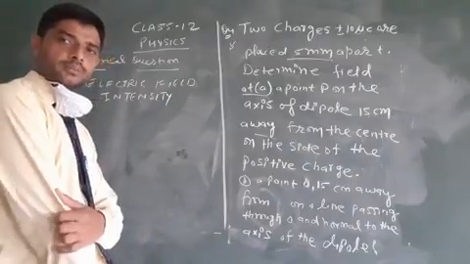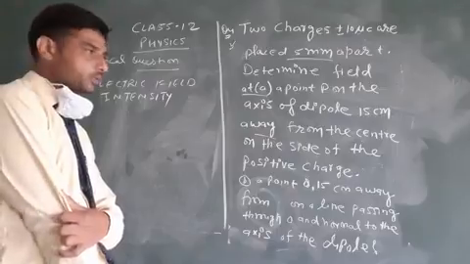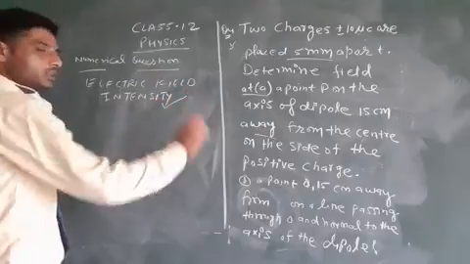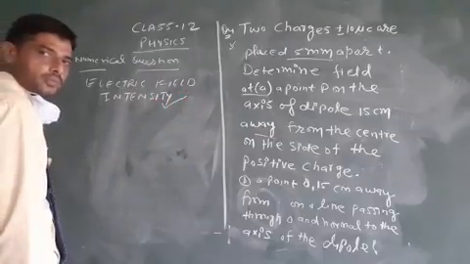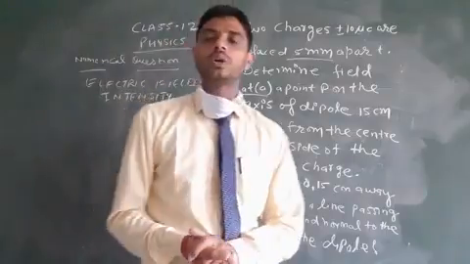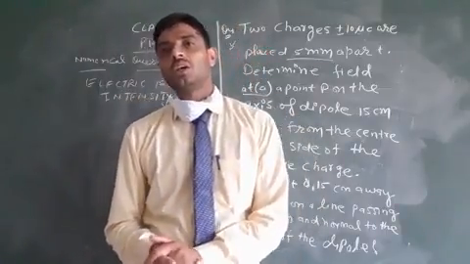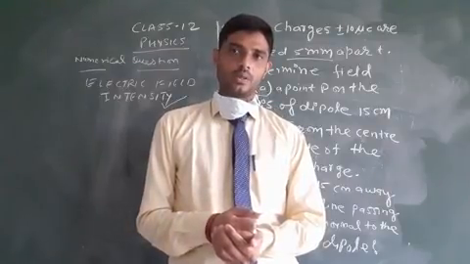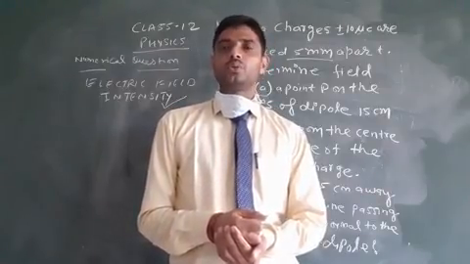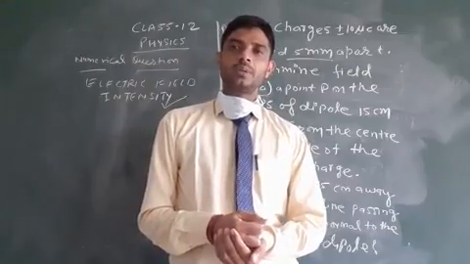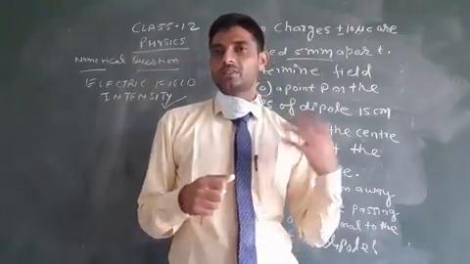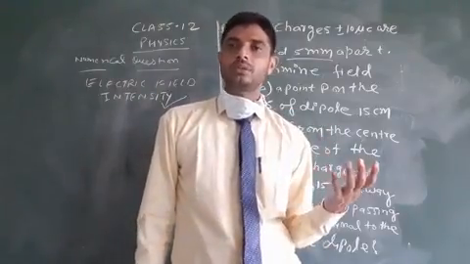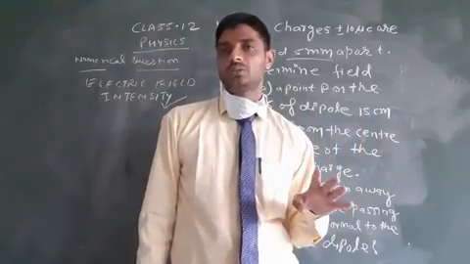I hope you understand this numerical question. This is based on electric field intensity due to a dipole. You can solve this numerical in two ways. First, you can find the electric field intensity at the external point individually, by the plus Q charge and after that by the minus Q charge.